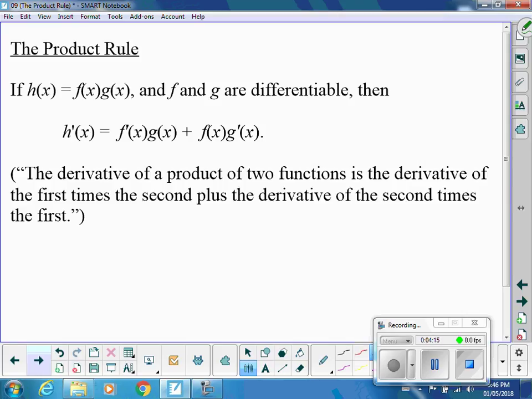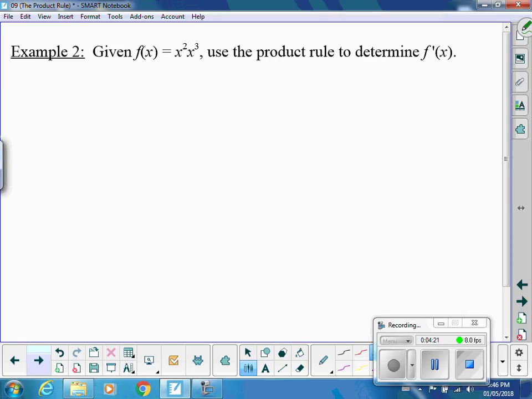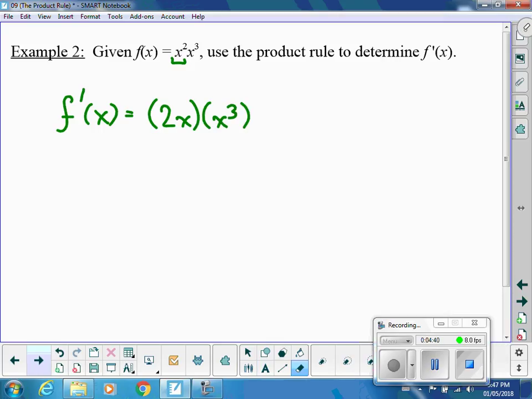So let's go back to that first example and try again and verify that this works. We're going to use the product rule. To do the derivative of x squared times x cubed, I'm going to start with x squared. What's the derivative of x squared? It's 2x, and I leave the second one alone, x cubed. Plus, I leave the first alone, x squared, and multiply it by the derivative of the second, which is 3x squared.